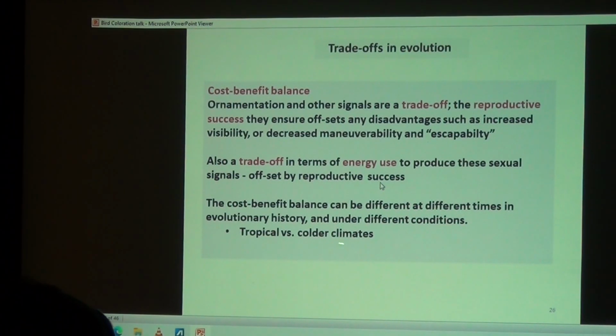In colder climes, our birds tend to have less elaborate ornamentation. This has actually been quantitated. Some researchers collected several thousand birds from the tropics and from northern latitudes, and they examined the colors of each of these birds, and they found tropical birds have 30% more ornamentation.